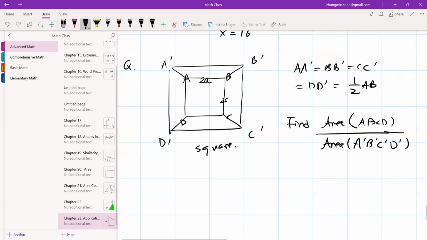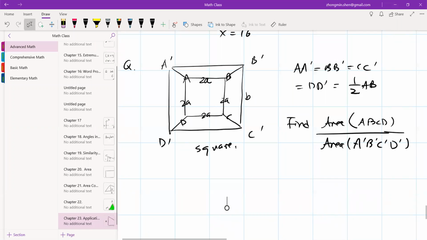Yeah, 2A, 2A, 2A. So if you can find the B, then express B in terms of 2A is fine.